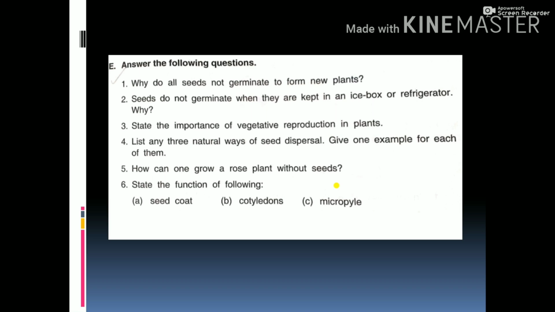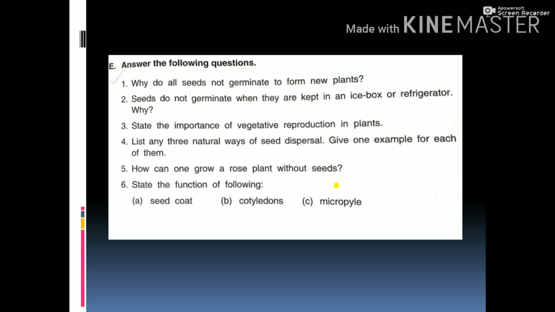Question number 3. State the importance of vegetative reproduction in plants. Vegetative reproduction, I just discussed the example of Bryophyllum: if you cut the Bryophyllum leaf into 50 pieces, then 50 plants will appear. So this is an easier and faster method for growing new plants.